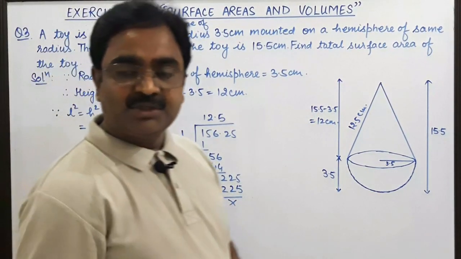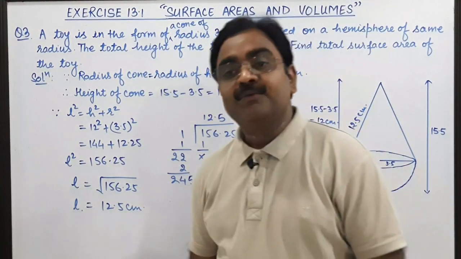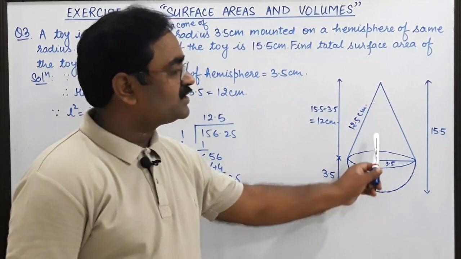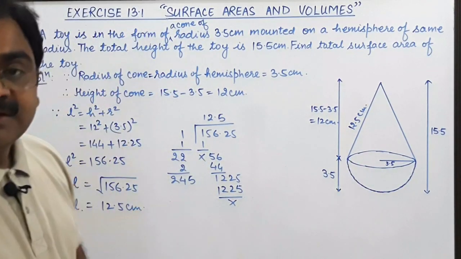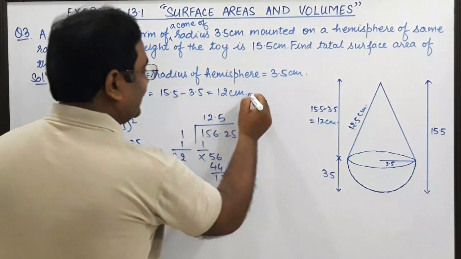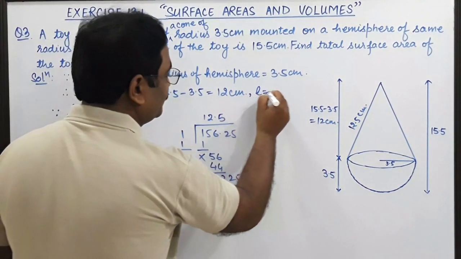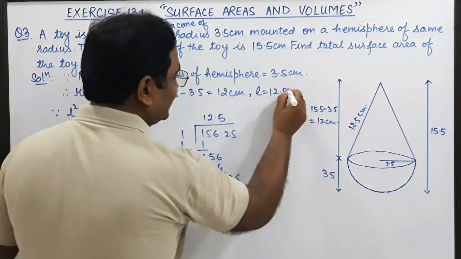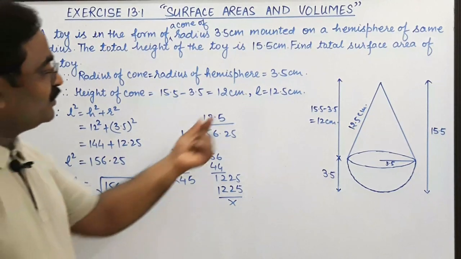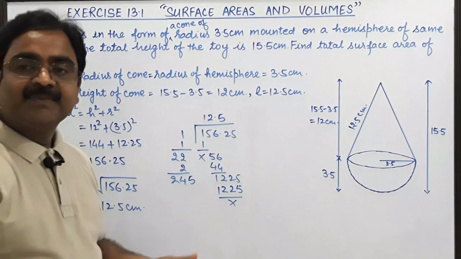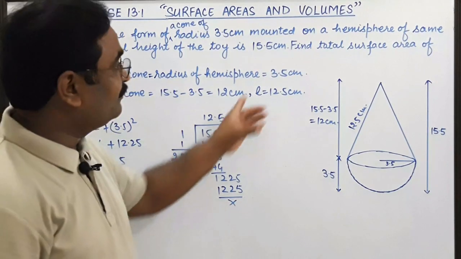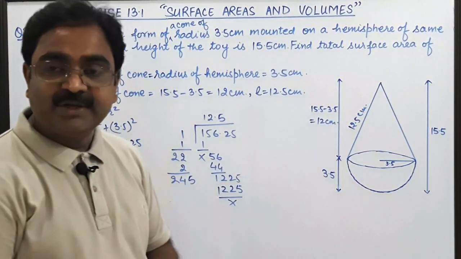For that, we need the curved surface area of the hemisphere plus the curved surface area of the cone. As we got L equal to 12.5 centimeter, now, as in the video, I am going to rub this so we can find the total surface area of the toy.